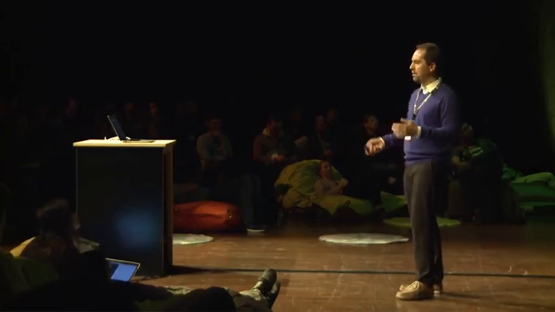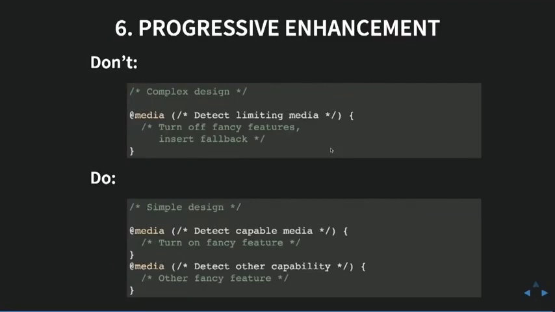But if you turn it on its head, you start with a simple design, and if you detect that the environment is capable of this or that, then you can add the fancy part of the design that only works in those circumstances. And if by bad luck your website runs in a browser that didn't know about this particular media query, then yes, you will have a problem, but a smaller problem. This device was capable of a better design, and you served it the fallback, which is much better than serving it the thing that wouldn't work at all.